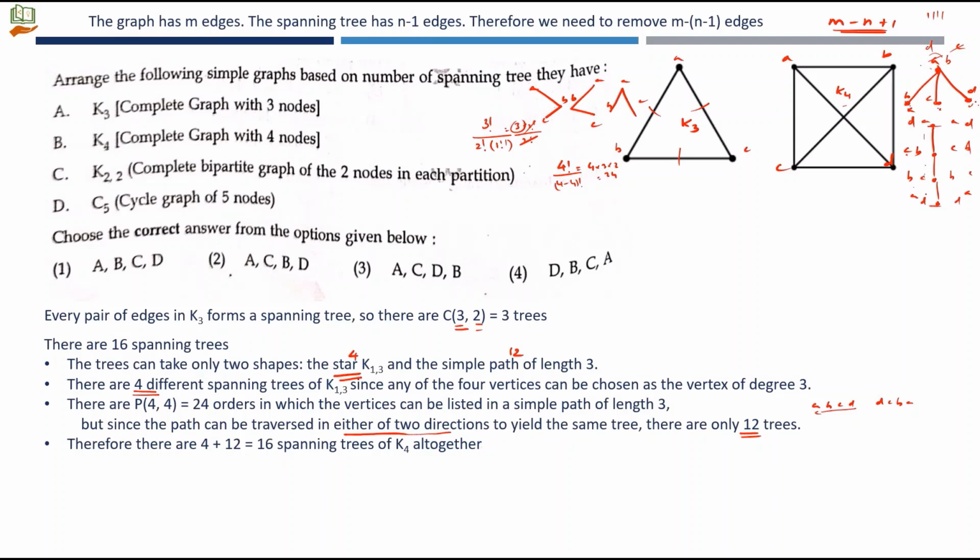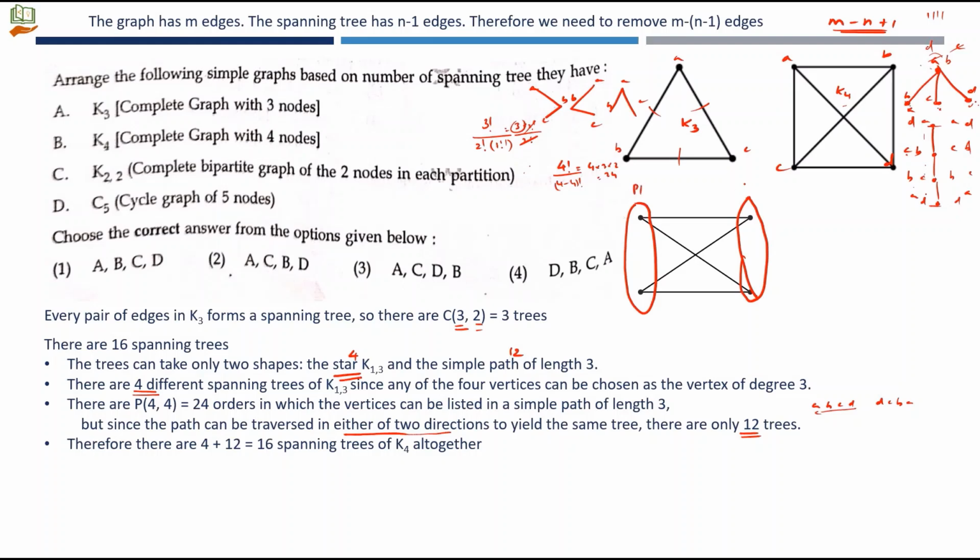Next, K2,2, complete bipartite graph of two nodes in each partition. So let's take the bipartite graph. So this is going to be one partition and this is going to be the other partition. What is the rule of the partition? It can be connected to any other node in another partition, but it should not be connected in the same partition.